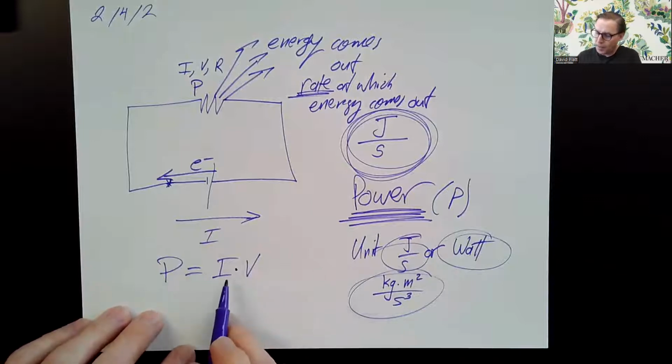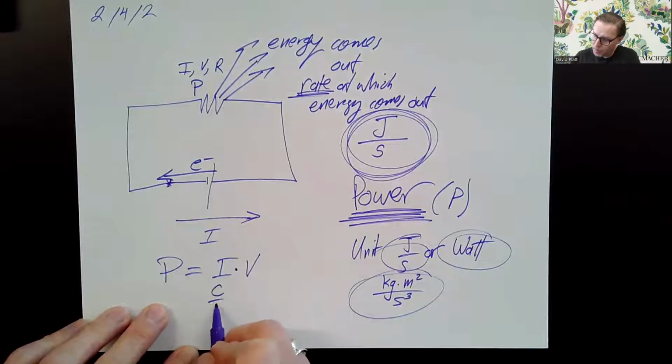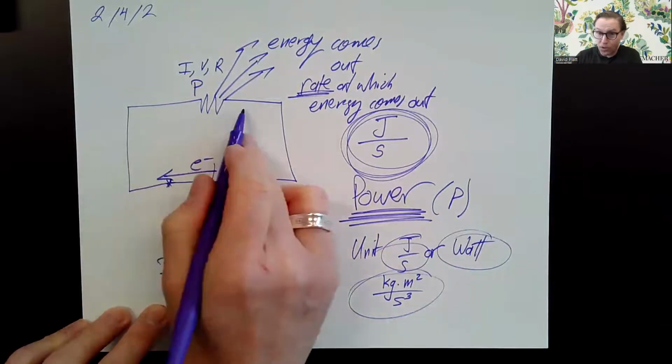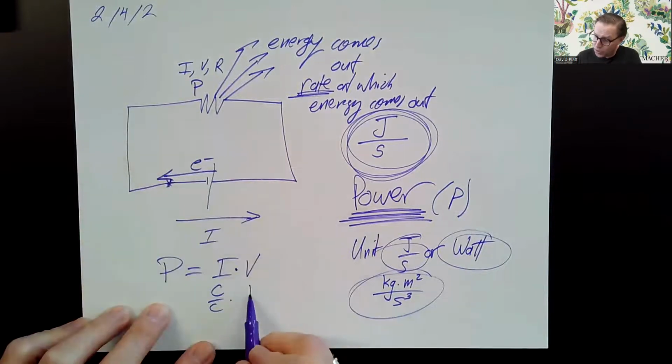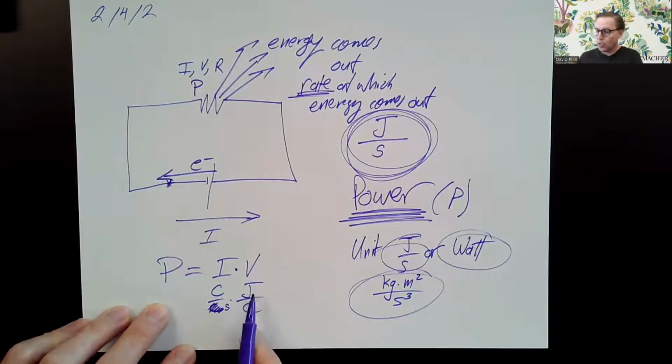Why does that make sense? The unit for current is coulombs per second. And the unit for voltage, the potential difference across there, is joules per coulomb. Did you notice that I said coulombs per second, but I didn't write an S when I said that? Coulombs per second, joules per coulomb.